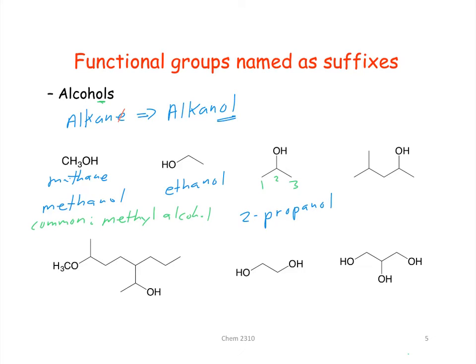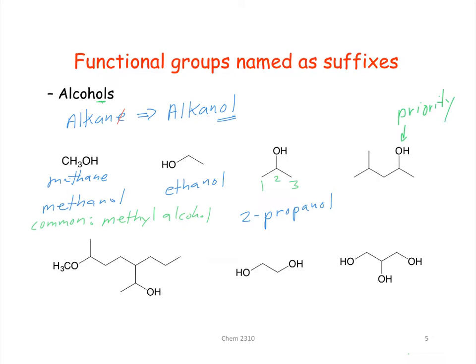Alright, the next one, we've got the alcohol and we have the methyl group. If we number this 1, 2, 3, 4, 5, the first group is the methyl group at 2, or if we number it the other way, we have the alcohol at 2. So in this case, with alcohols, the alcohol takes priority.